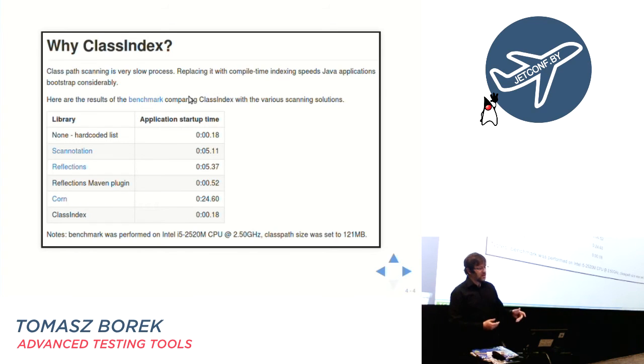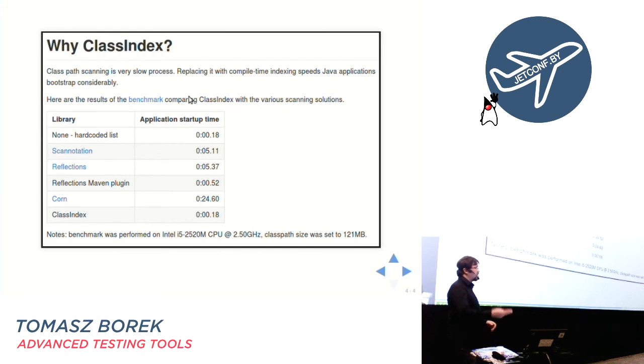And with ClassIndex, you have a number of things you may do. For example, you may annotate a type and all subtypes of this type will be indexed by ClassIndex. So you will see whether your object hierarchy conforms to the norms.